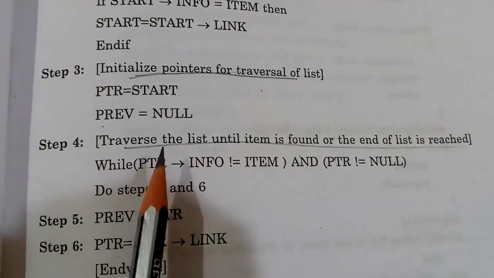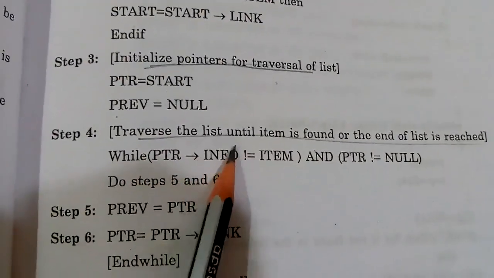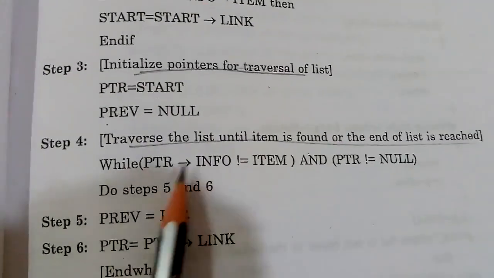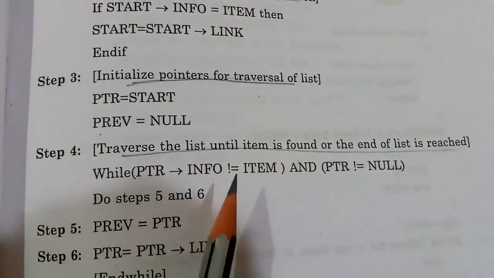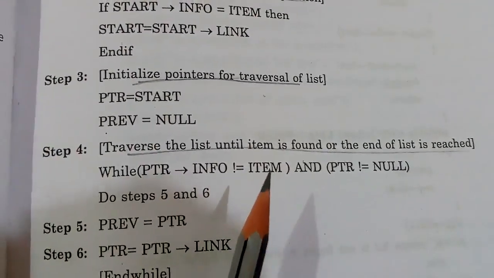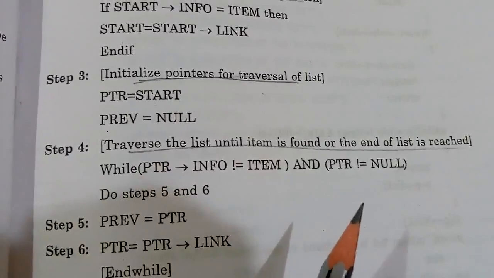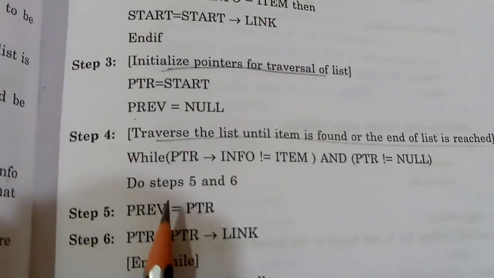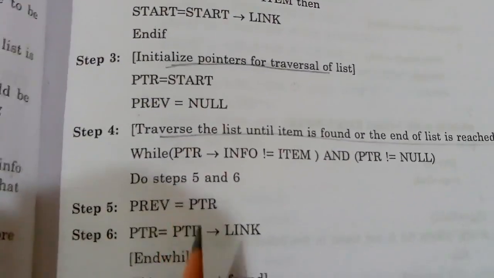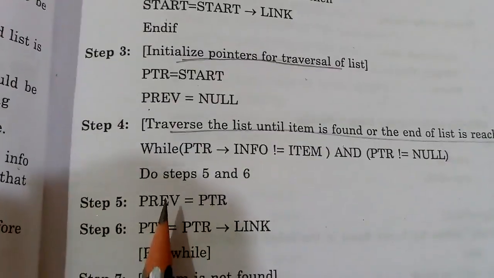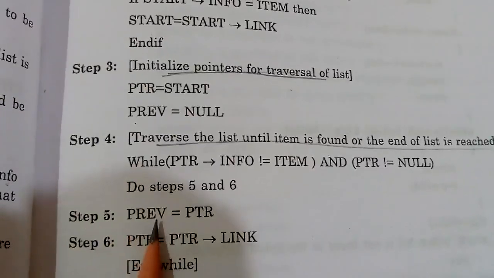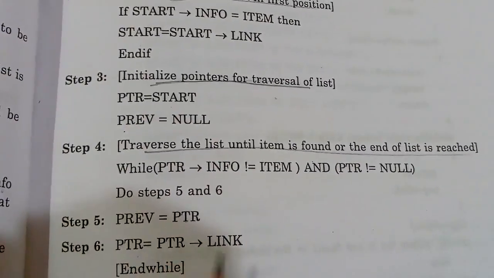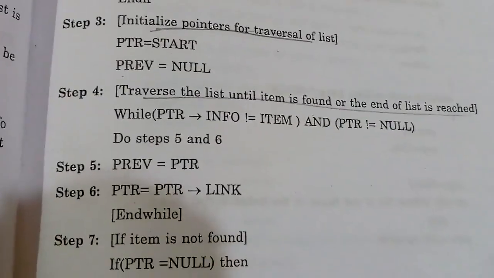So these are the statements to traverse the list until the item is found or the end of the list is reached: while ptr points to information is not equal to item and ptr is not equal to null, do step 5 and step 4. Previous follows the ptr. ptr is equal to ptr points to link.